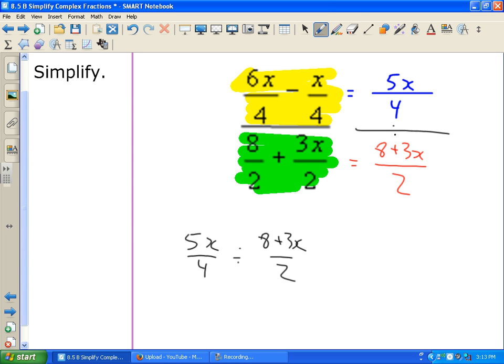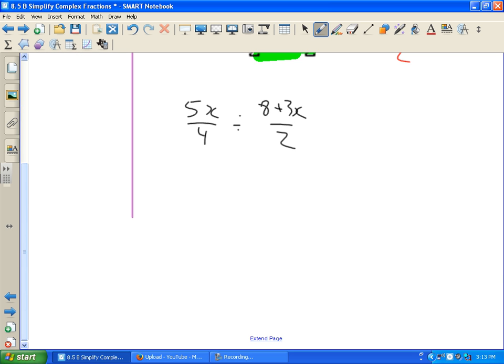And now you'll see what we did. This is something you guys were really successful in earlier in the week. We have division of fractions. We rewrite and multiply by the reciprocal. So 5x over 4 times 2 over 8 plus 3x.